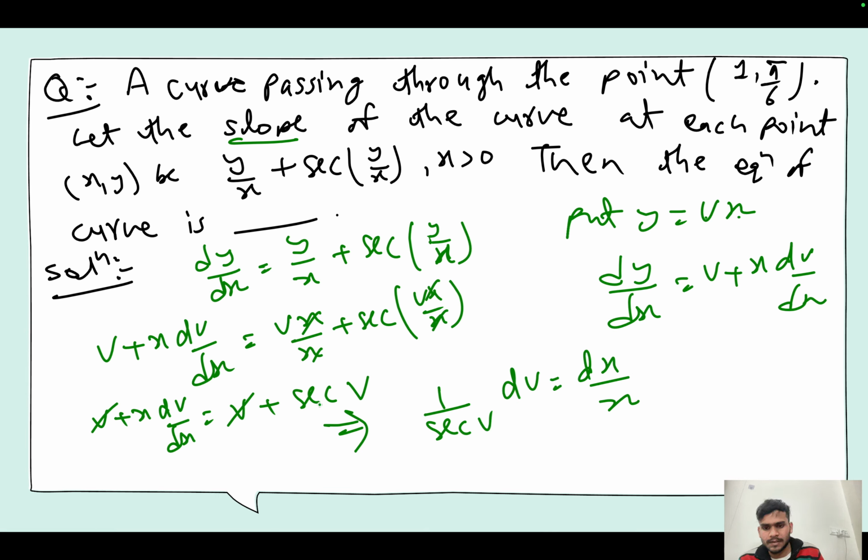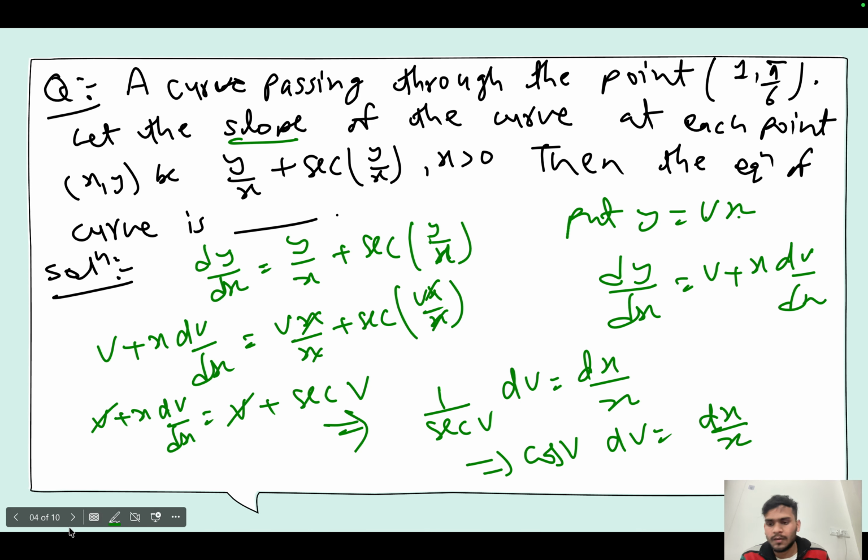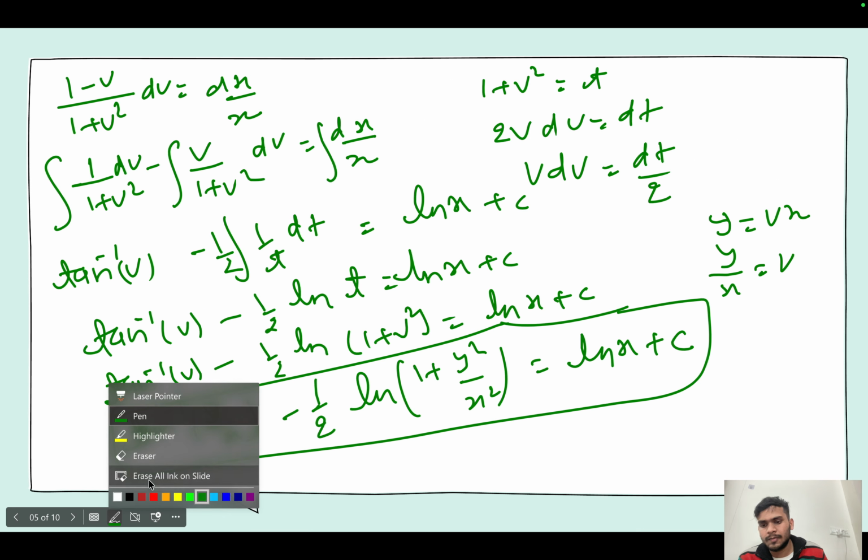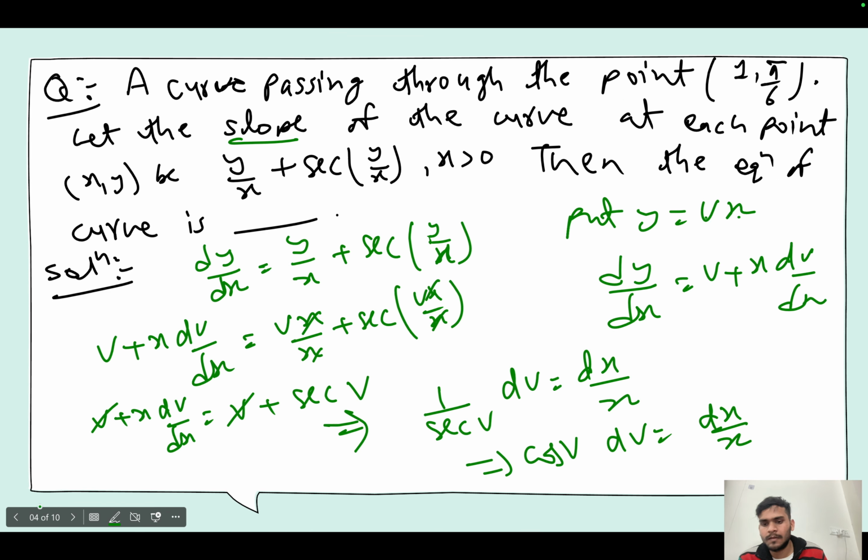You can see sec in the denominator, and dx in the numerator and x in the denominator. So it will become cos v dv is equal to dx by x.